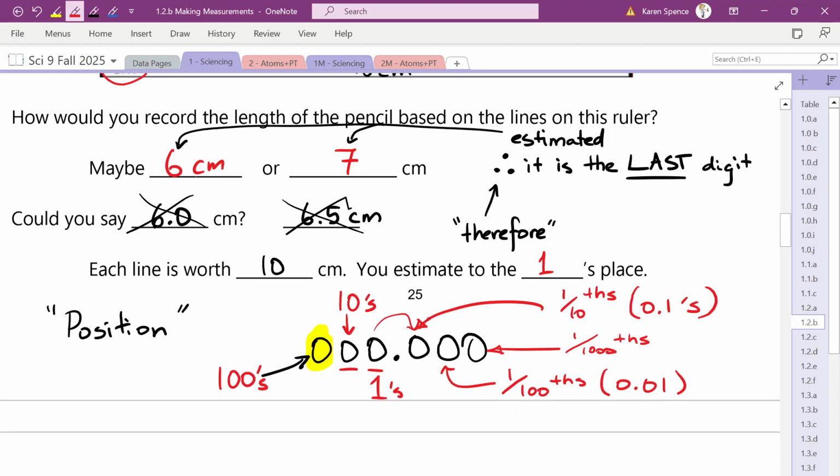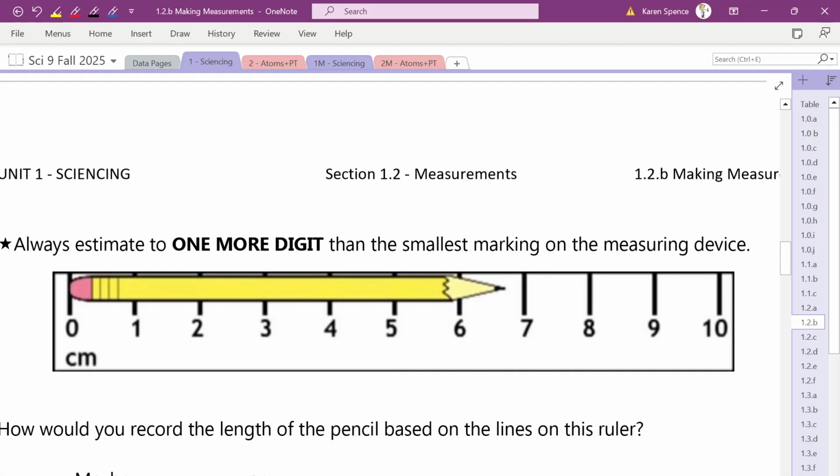We go to the right and we say, oh, I'm going to estimate to the tenths. If I had tenths as my line, I would go one more position to the right and I would estimate to the hundredths. And don't worry if this is not clear yet. We're going to do a bunch more examples. It'll become easier. Okay? All right. So you always add one more digit than the smallest marking.